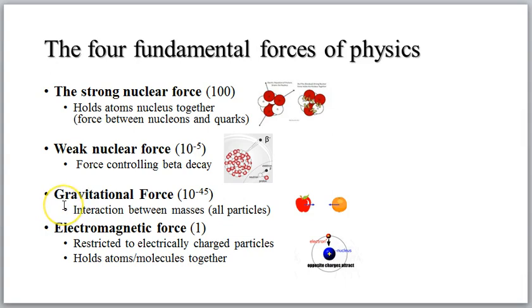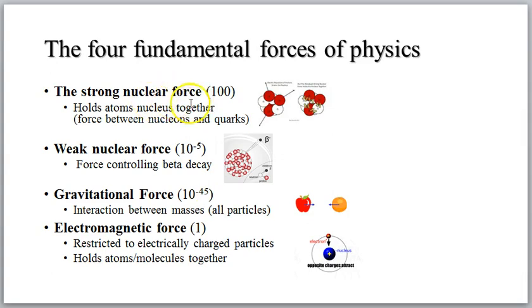It attracts masses together. It's just an attractive force between masses. Electromagnetic force is an attractive or repulsive force between electrically charged particles, and it's responsible for holding atoms together. So those are the two ends of the spectrum, electromagnetic force and gravitational force.